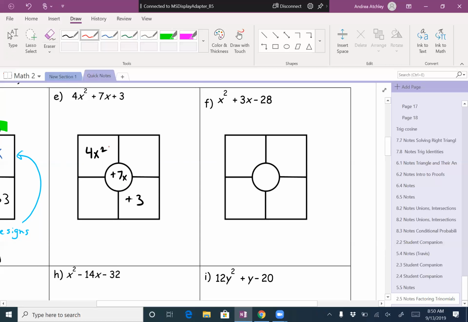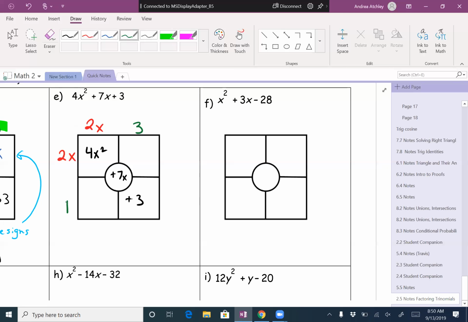So Zane, what multiplies to 4x squared? Very good. Okay, so 2x times 2x. And Rylan, what multiplies to 3? Very good. 3 times 1. Now again, right now it doesn't really matter where you place them, we're just checking it.